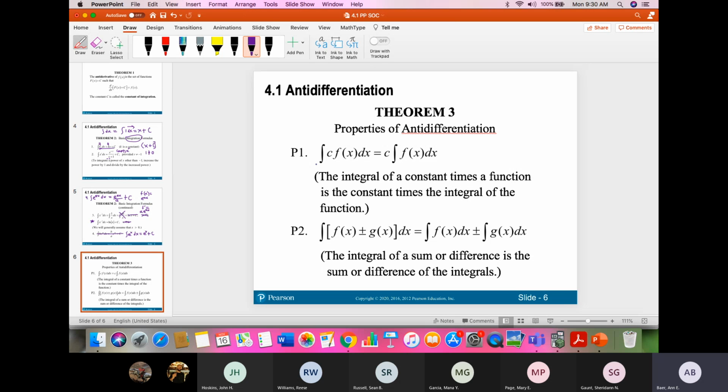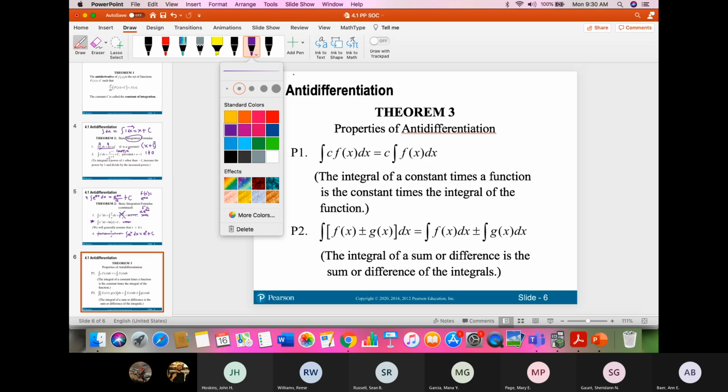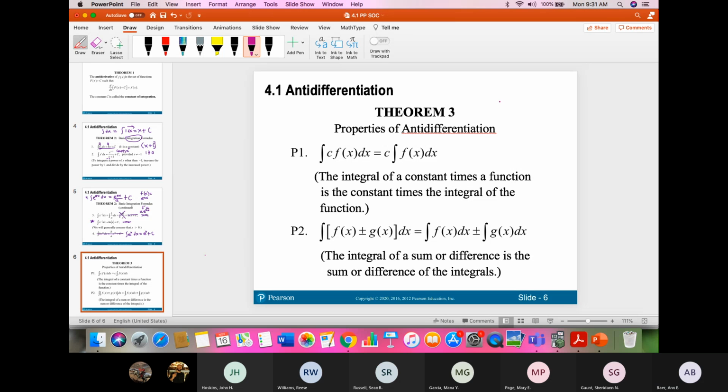So when we differentiate, say we have a function, and let's say we've got 3 times x squared.